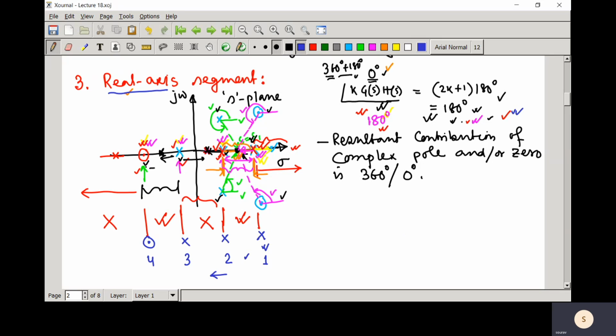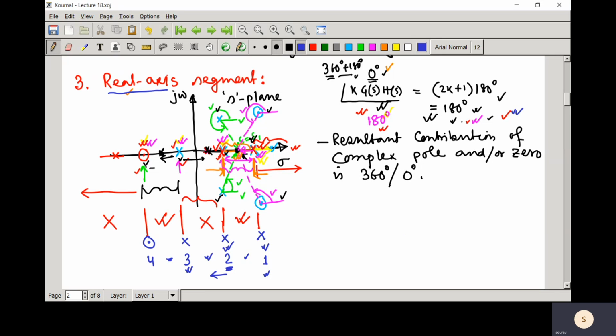Now, if you are here, and if you look on the right, how many poles or zeros are there? 1. That means odd number. If you come here, how many poles and zeros are here on the right hand side? 2. So even number. If you come here, how many poles and zeros are there? 3.